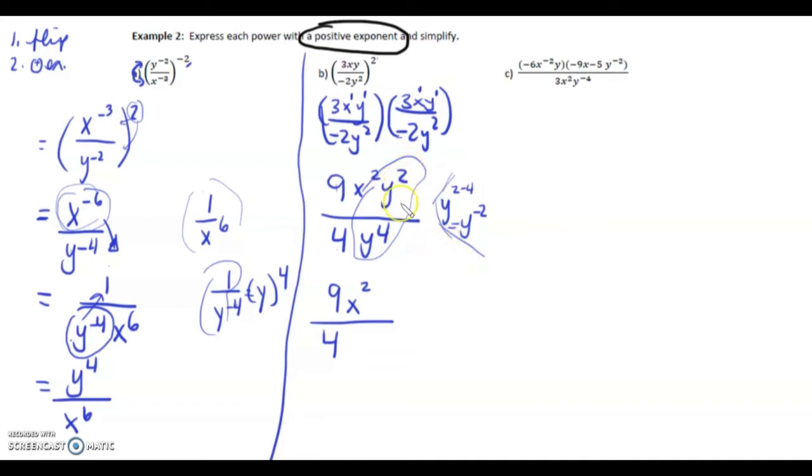However, we know that y squared is just y times y, and y to the 4 is just y, all multiplied. So if we were to cancel these out, we get 1 over y squared. Essentially, when you subtract these, we get 2, and there's more y's in the denominator, so put it in the denominator. That's the logical way of doing it.